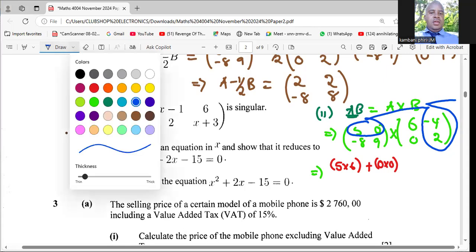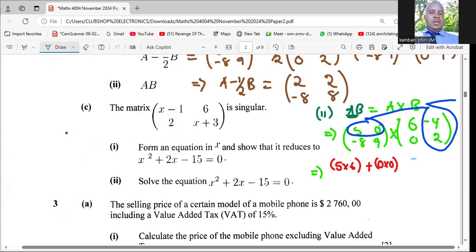So what do we have in this case? You're going to have 5 by negative 4 plus 0 by 2.